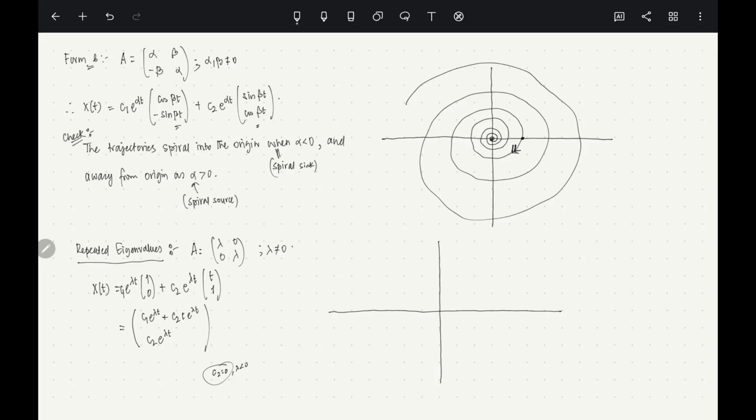If C2 is 0, this particular term and this term are not there, so you actually end up with C1 e power lambda t and 0. You understand? And so essentially, depending on C1, you can actually draw the trajectories, and since lambda is negative, I'm assuming, that will actually push the trajectories towards the origin. For lambda negative, I'm just drawing one part.